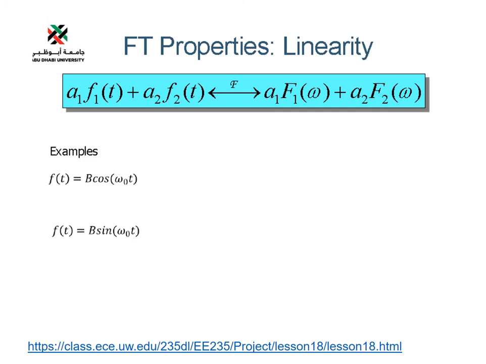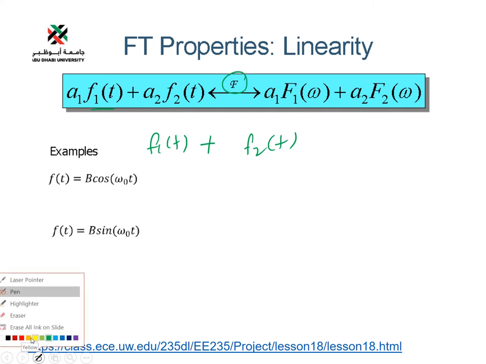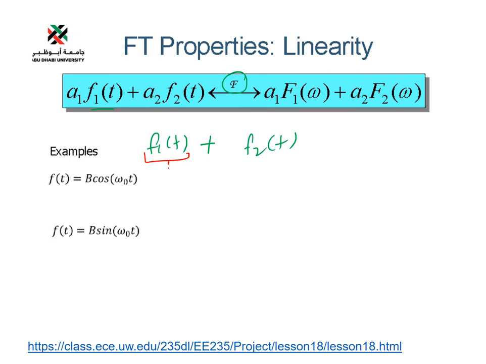So let's see the first property, which is linearity. For example, if we have two functions, f1(t) and f2(t), any two functions, and they are added in the time domain, and you want to calculate their Fourier transform, you simply calculate the Fourier transform of f1, which is F1(omega), then the Fourier transform of f2, F2(omega), and then just add them.